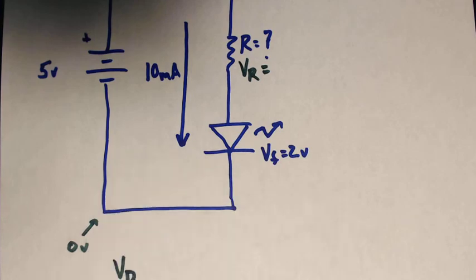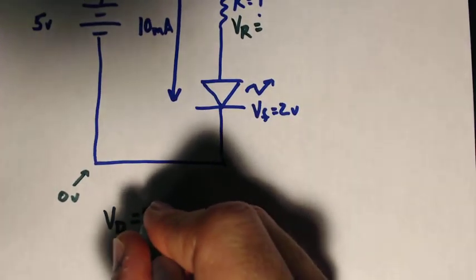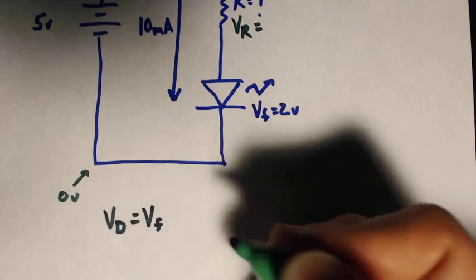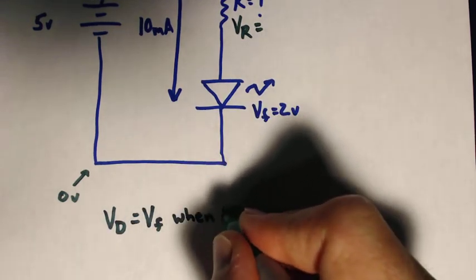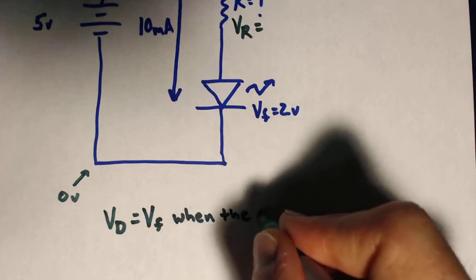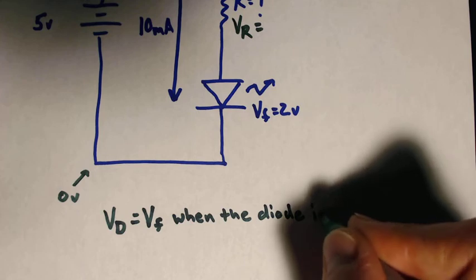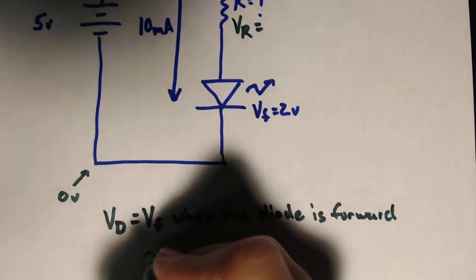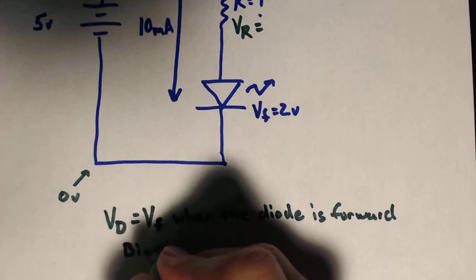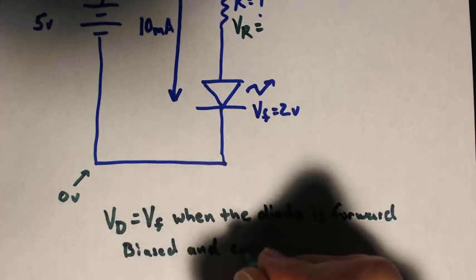V sub D equals V sub F when the diode is forward biased and conducting.